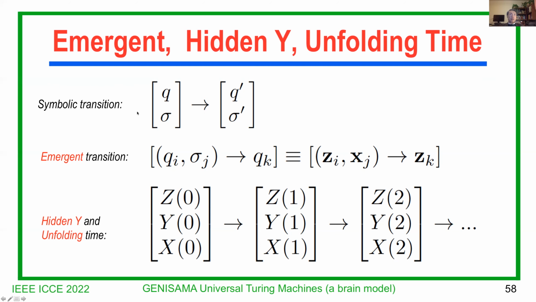So suppose we have a symbolic transition. This is the finite-state machine, or FA. State and input, and go to the next state, next input. See that I use columns, so it's a lot easier. So we can do columns later on. And this is not what you see in the traditional FA. Emergent representation: we don't use symbols.